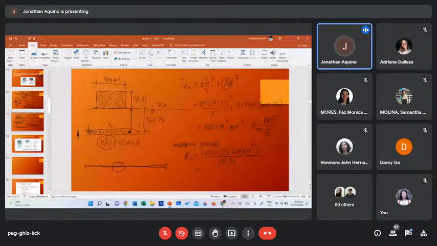So the moment capacity is 155.584 kilonewton meter.